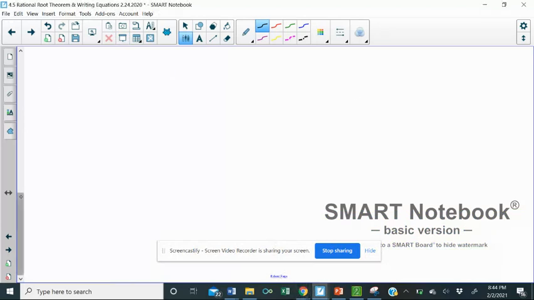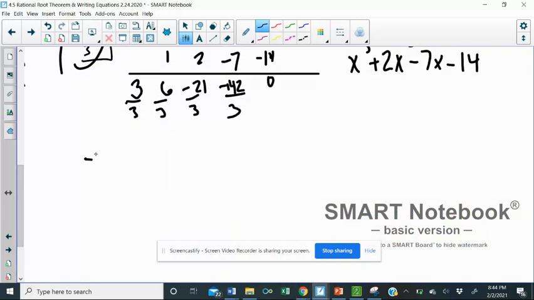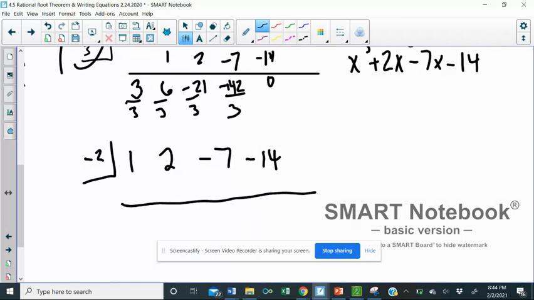All right, our other one that worked was negative 2. Now I'm going to use this function because I already did one division, so I got it down to a cube. Once I get it down to a cube, I go one more time, I get it down to a quadratic. So there's my 1. This is my -2.